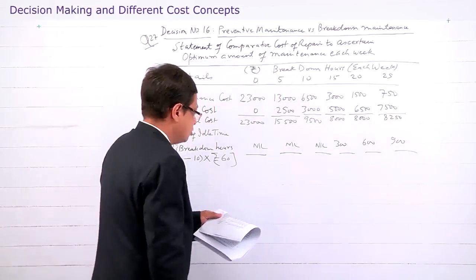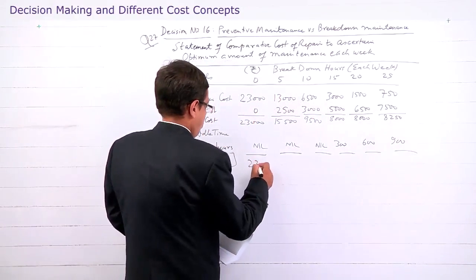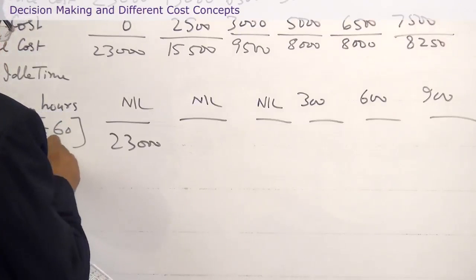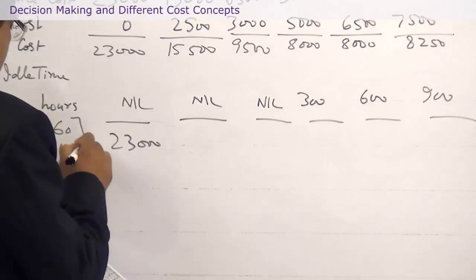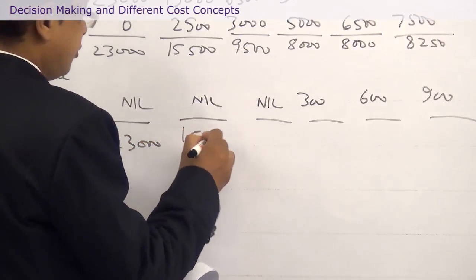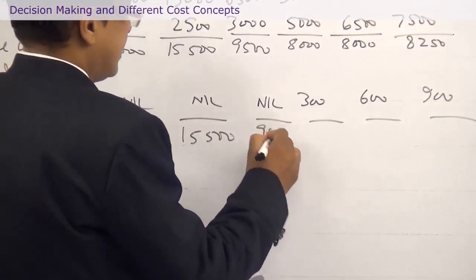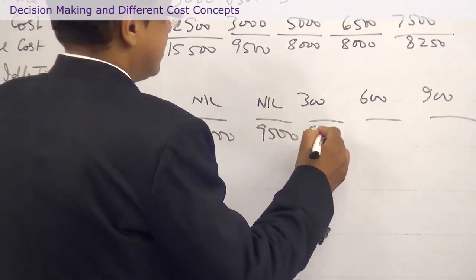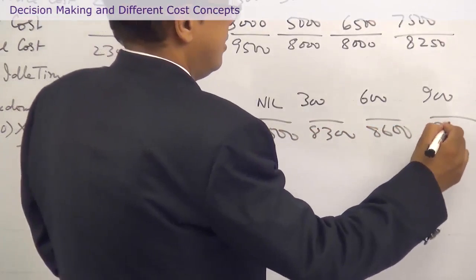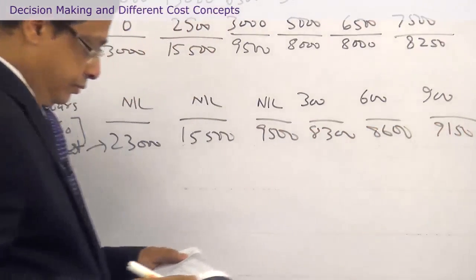So you need to add them. The total cost is 23,000, 15,500, 9,500, 8,300, 8,600 and 9,150.